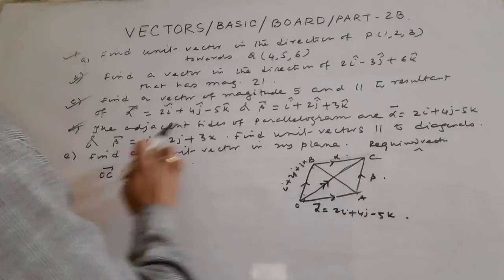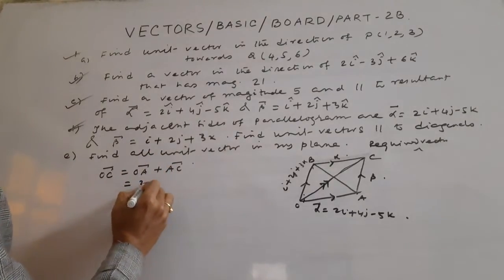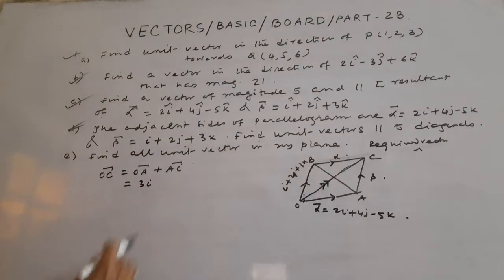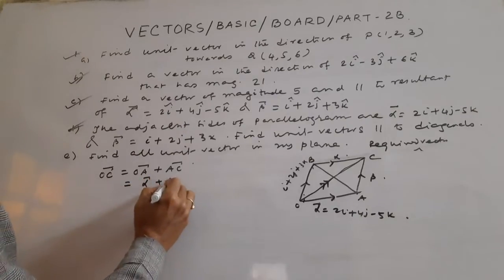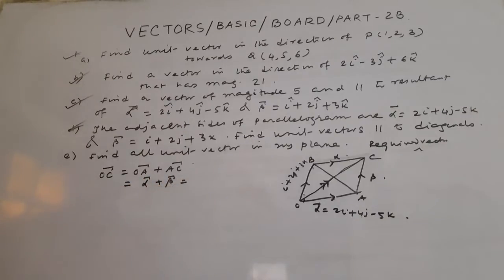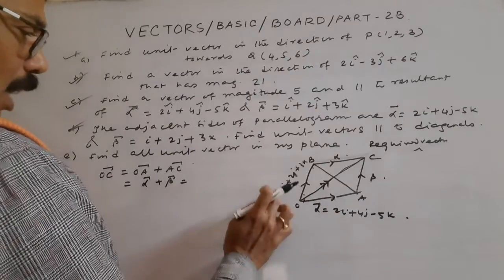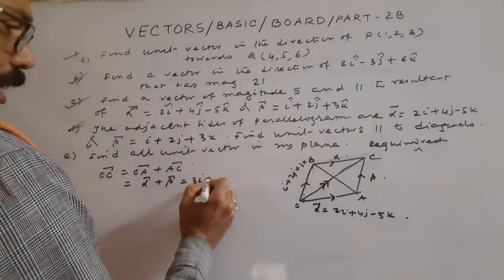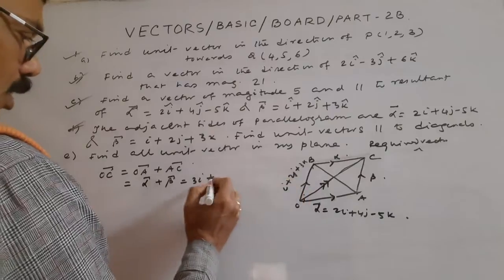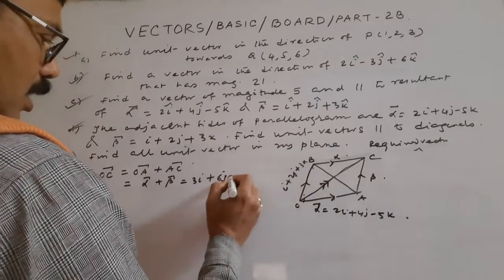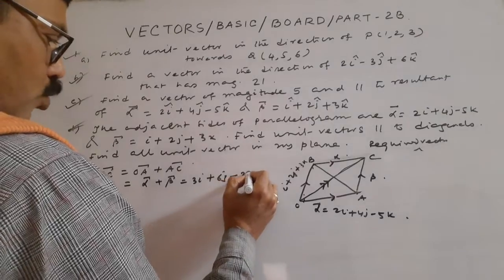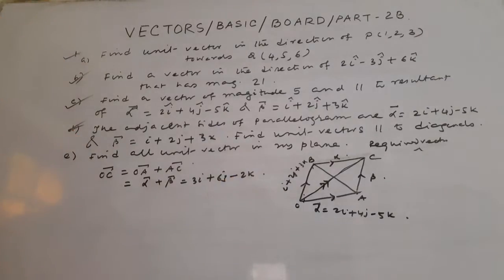So 2i plus i, 3i. So OA is alpha plus beta. So 2i plus i, this is 3i. 4j plus 2j, this is 6j. Minus 5k plus 3k, this is minus 2k. So this is the resultant.